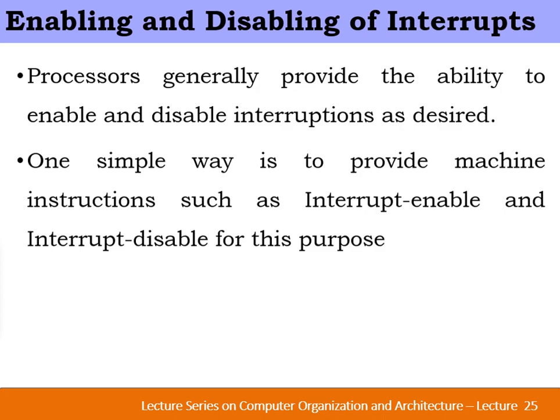In order to avoid that, we go with enabling and disabling of interrupts. How can I enable the interrupt, and how can I disable it? One possibility is to execute the interrupt enable and interrupt disable instructions. Enabling indicates that the interrupts generated by an IO device will be recognized by the processor.